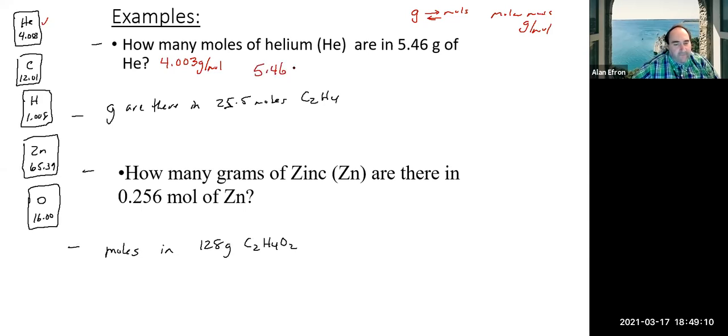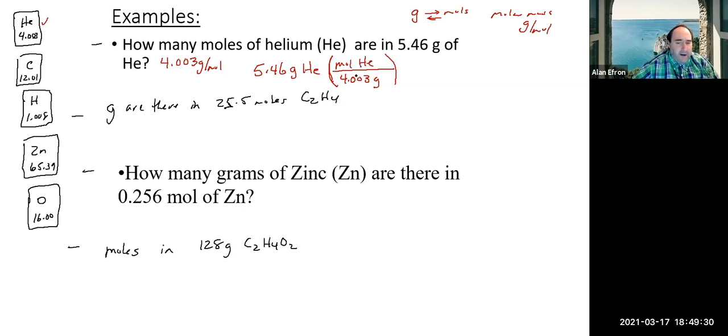So we will start with our 5.46 grams of helium. Just like we did with dimensional analysis, helium's up on top, the grams of helium, which means we actually want to put the number with the grams on the bottom and a mole of helium up there on top.